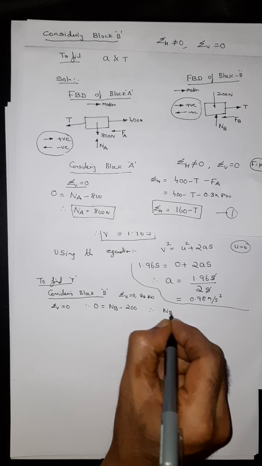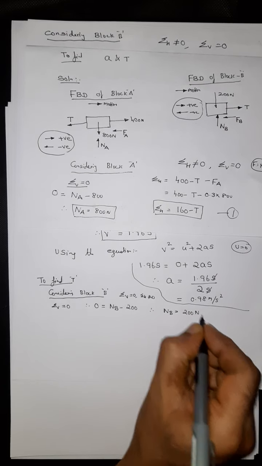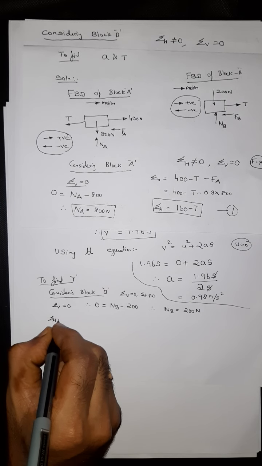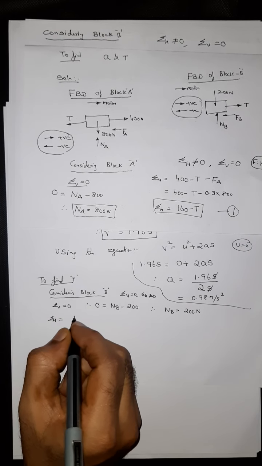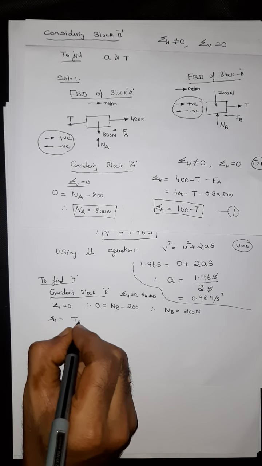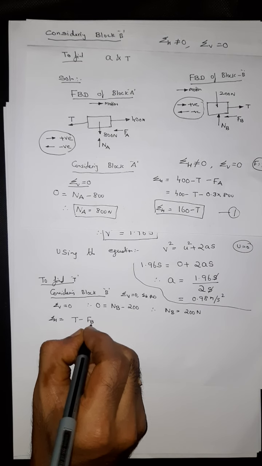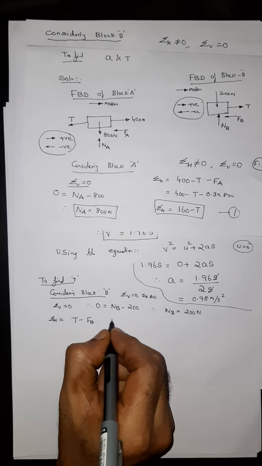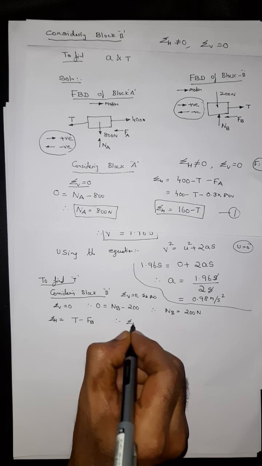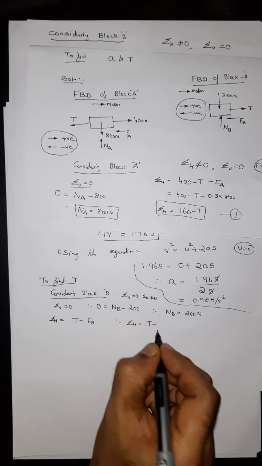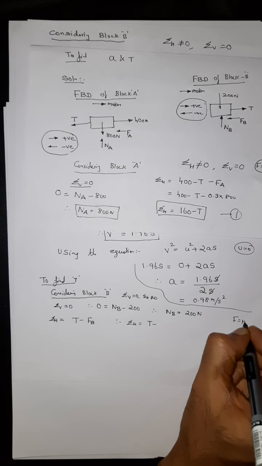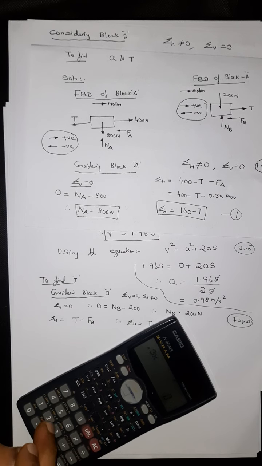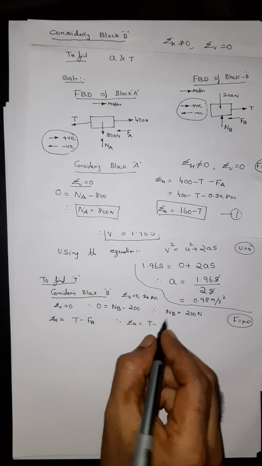Therefore, NB is equal to 200 Newton. Summation H equal to T minus FB. Therefore, summation H equal to T minus FB, which is nothing but mu N. Mu is 0.3, so 0.3 into 200.